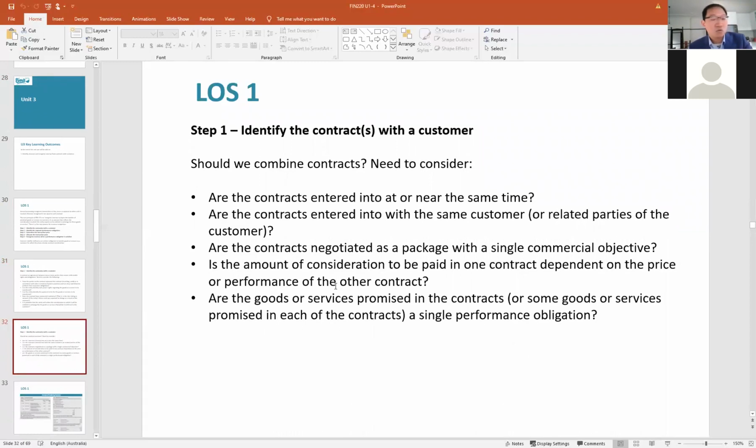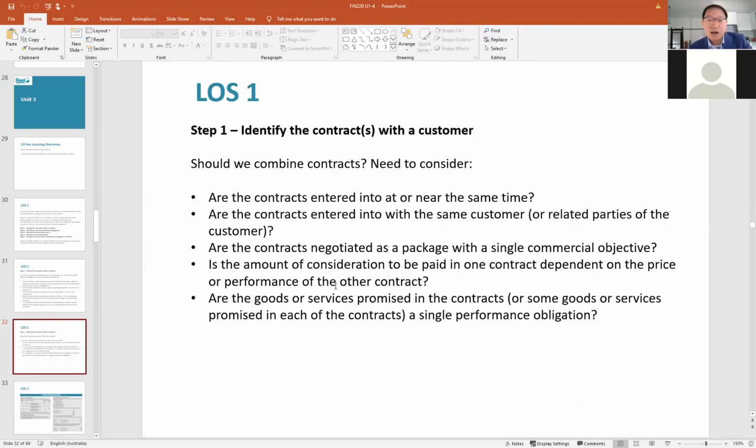With respect to step 1, there's going to be an area known as combination of contracts. So when should we combine contracts? And this becomes quite controversial, which is what I'm going to emphasize. There are going to be cases where we need to combine a contract, and the key considerations are as follows.